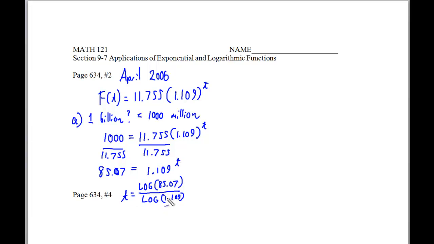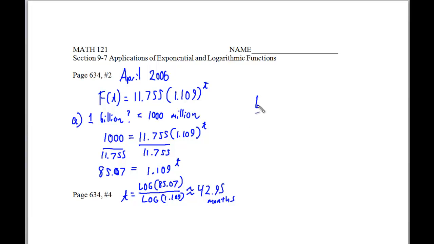If I divide these two, this gives me an approximation, which is 42.95 months, or about 43 months. So late 2009 would be about when Facebook got to its billionth person.